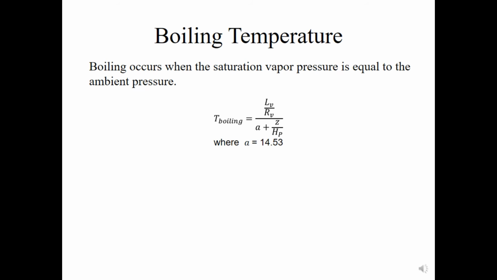And the relationship between the altitude Z and the boiling temperature is given by this formula, which is found in the Stull textbook, where you have the latent heat of vaporization over the specific gas constant for water vapor, divided by A, which is a constant, plus Z over the scale height of the atmosphere, H.